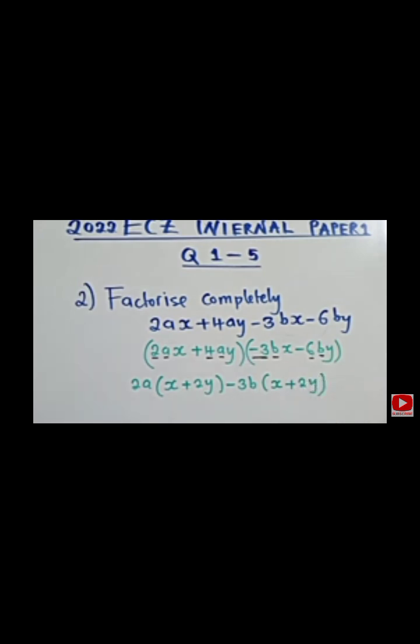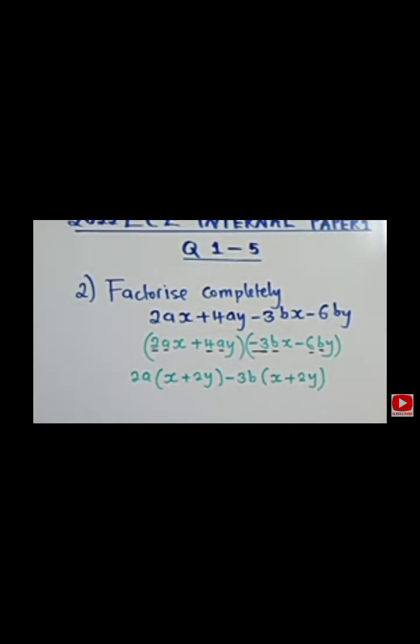So this is what we have. And when factorizing, please keep in mind that what is here must be similar to what is here. That's the thing that you must put into consideration.